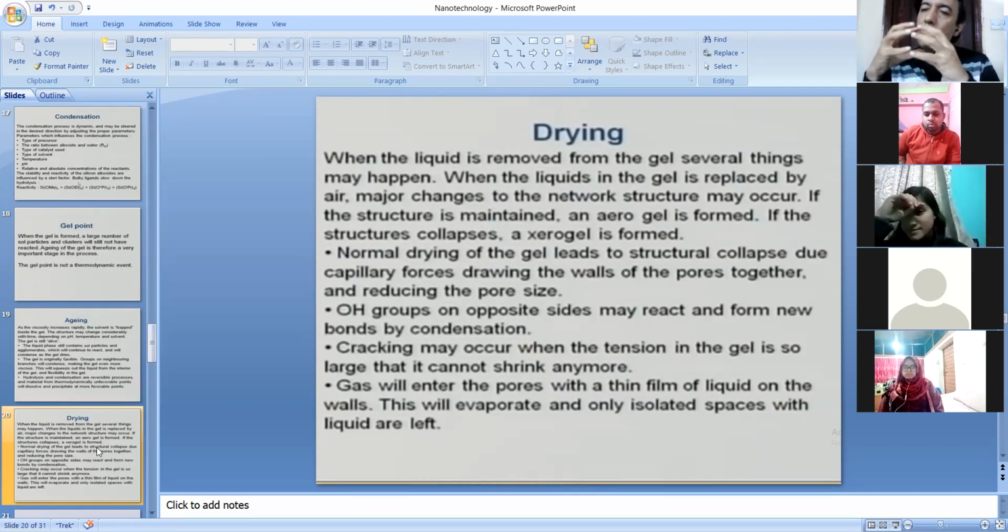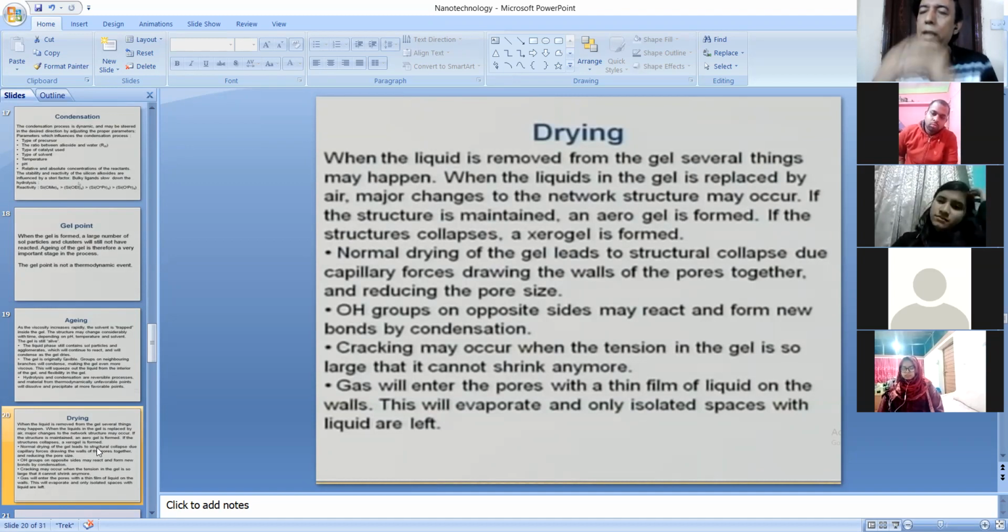Now, if you remove the liquid from the three-dimensional structure, then two things can happen. One is that air can replace the liquid, or this three-dimensional structure can collapse due to the empty space inside.